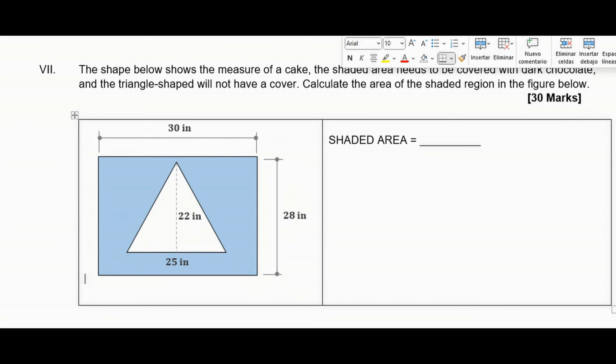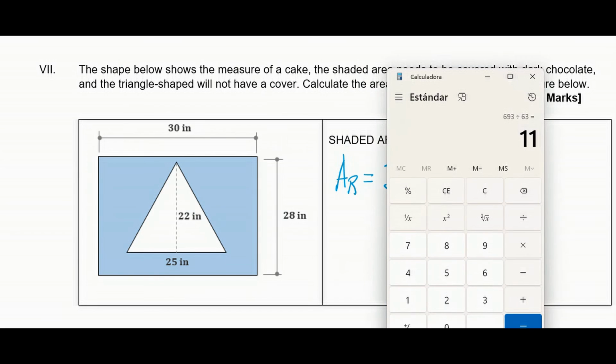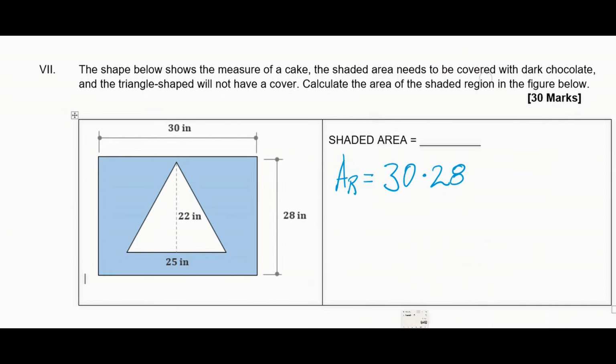Now, let's calculate it. So the area of the rectangle is 30 times 28, which is 840.